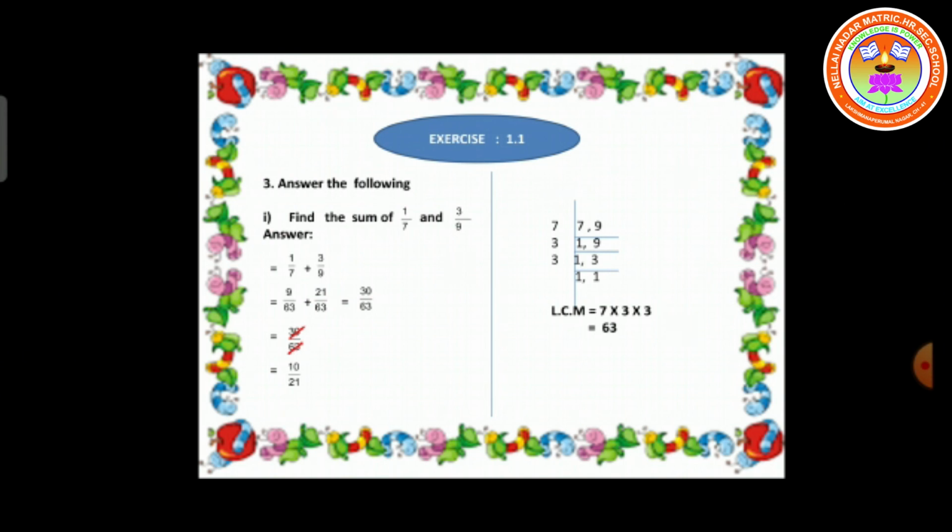Otherwise, leave it. Is it clear? Just go through it because it is a new thing for you. So far, in your 5th standard, you have studied just adding the fractions, right? But this is a new thing for you, to convert unlike to like fractions. Okay? Shall we move on to the next problem?